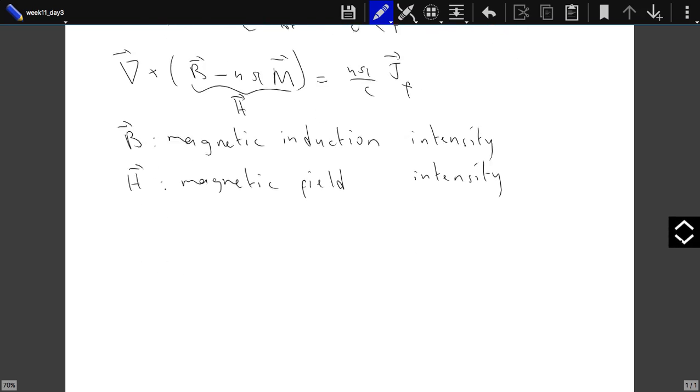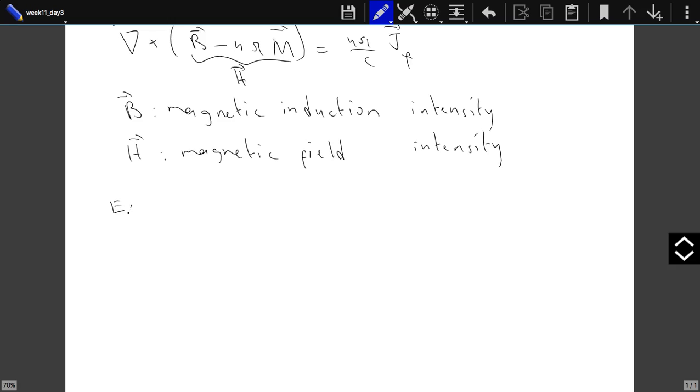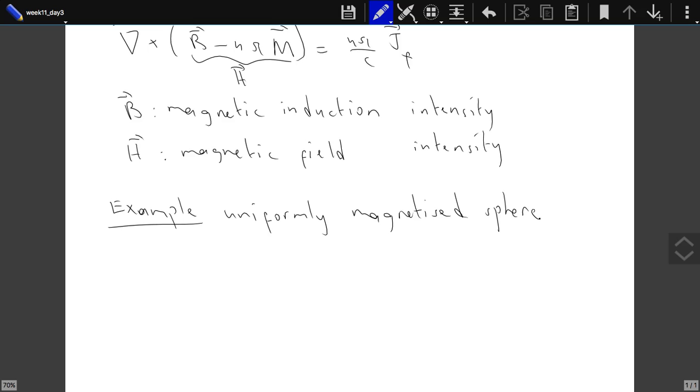Now, one example that we can consider, let's say a uniformly magnetized sphere. So we have a sphere. Let's just assume that it is magnetized in this direction. This is M. So what will be the field?